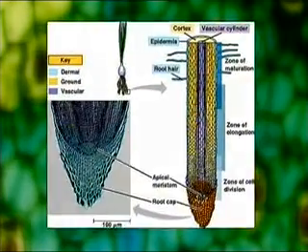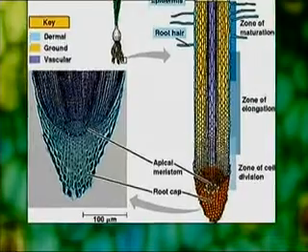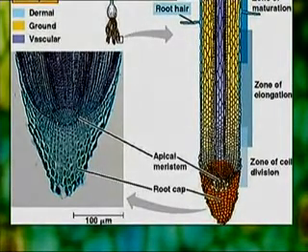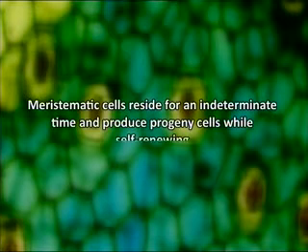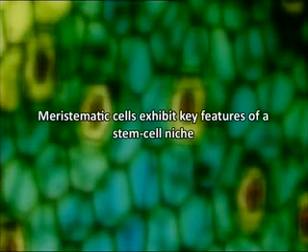In higher plants, root growth is achieved by pronounced elongation of cells that are descendants of the root apical meristem, a specialized structure present at the root tip, which produces cells for virtually the entire root tissues formed during post-embryonic development. In this localized microenvironment, meristematic cells can reside for potentially an indeterminate period of time and produce progeny cells while self-renewing, thus exhibiting key features of a stem cell niche.